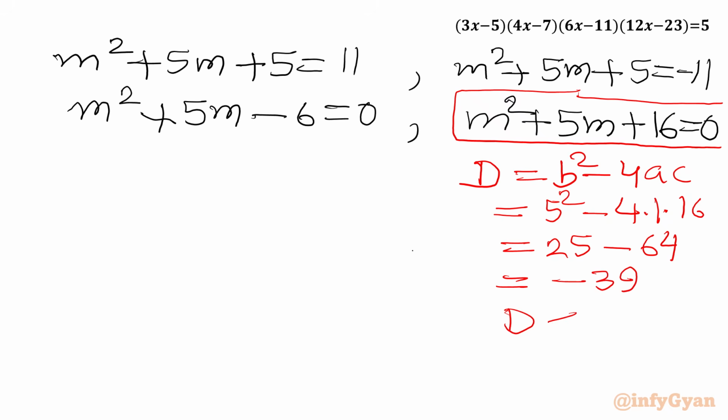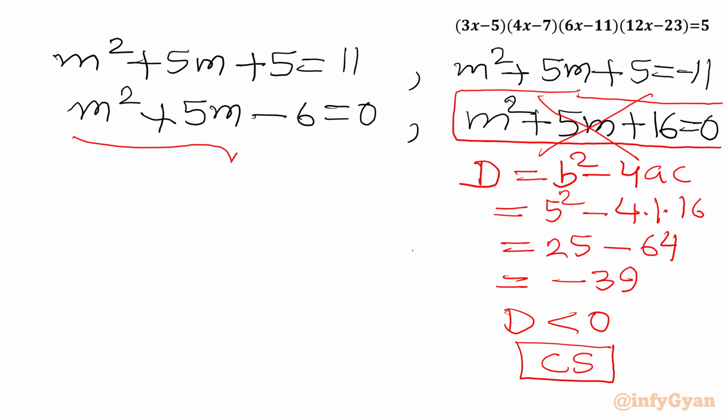Once the discriminant is negative, we are going to get complex solutions. So we can reject this quadratic equation. So we have m square plus 5m minus 6 equal to 0, the only quadratic equation which can provide real solutions. So let us solve this quadratic.